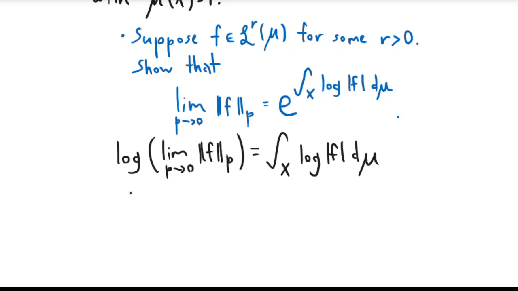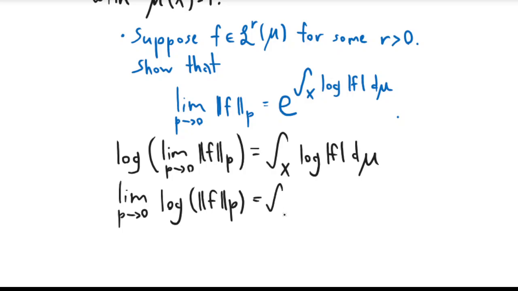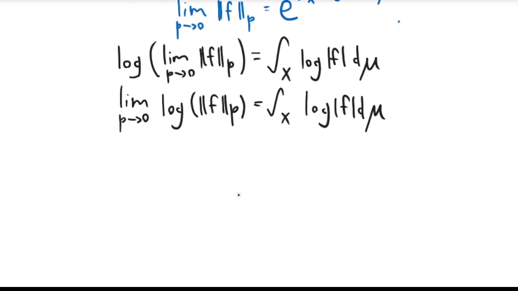And by continuity of the logarithm, it would be enough to show that the limit as p goes to 0 of the log of the p-norm of f is equal to the integral of log absolute f d mu. So far we're just rearranging stuff, but this will be helpful later.